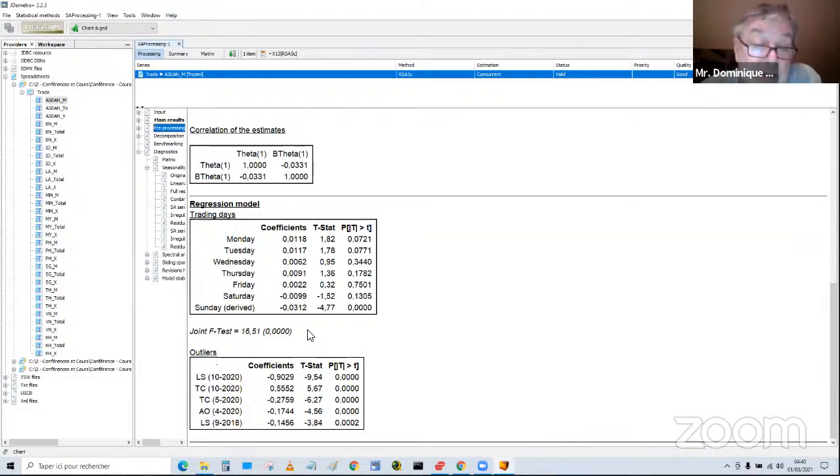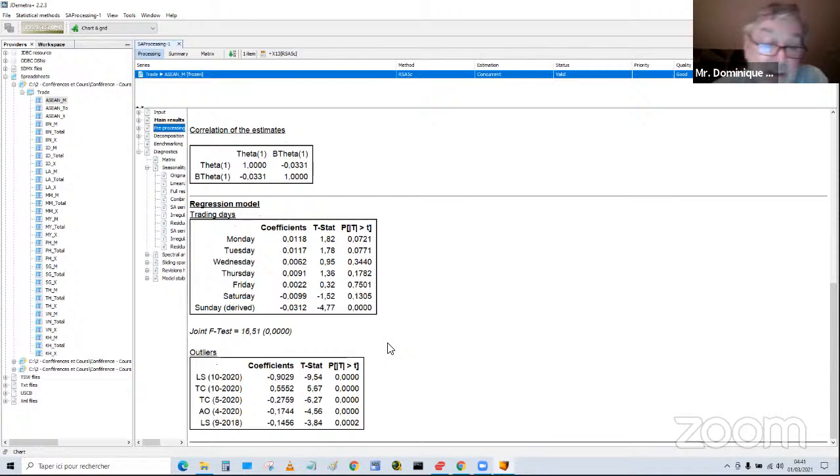It just needs some mathematics behind it to explain. But let's see that this one is significant, okay? Because it's written that the probability to have a value larger than this one is equal to 0. So this one is very, very high. So you cannot accept the statistical hypothesis that the days are equal.